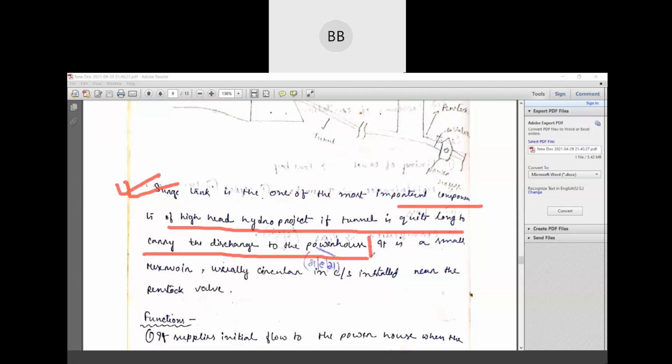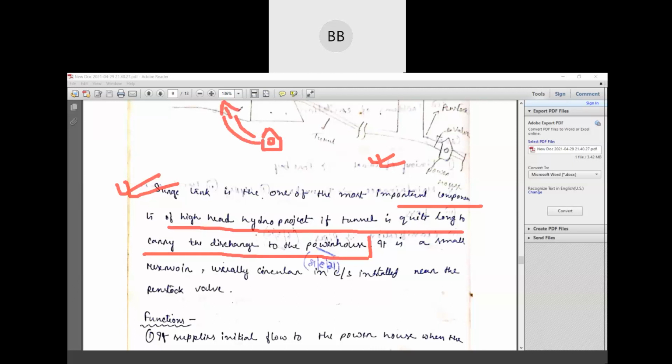If the tunnel is very long, if you remember, we have discussed divided and undivided plant. Divided means this one. When the topography of the land permits us to install our powerhouse near the dam, then our reservoir itself behaves like a surge tank. So we don't have to provide a surge tank.